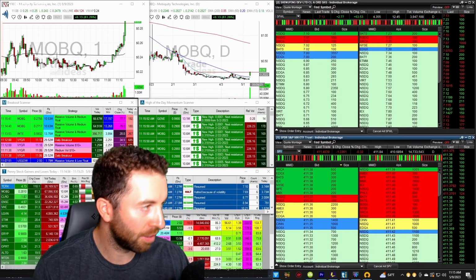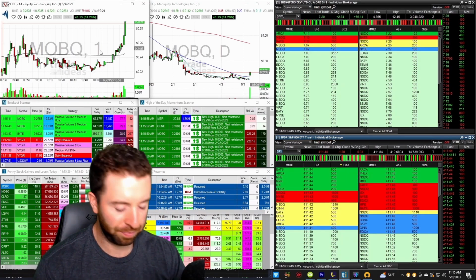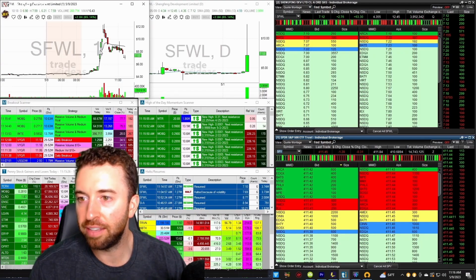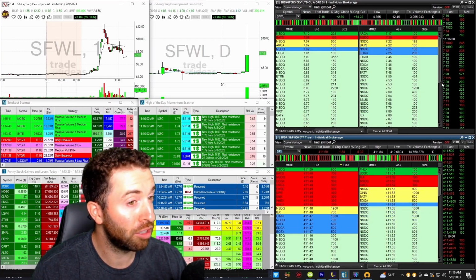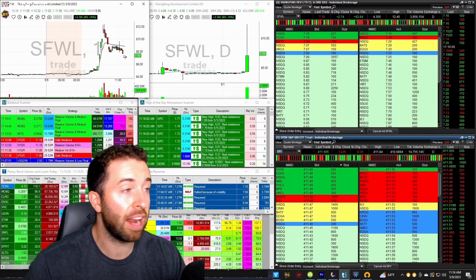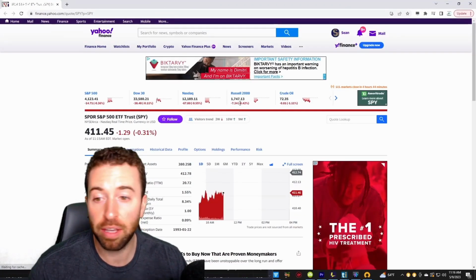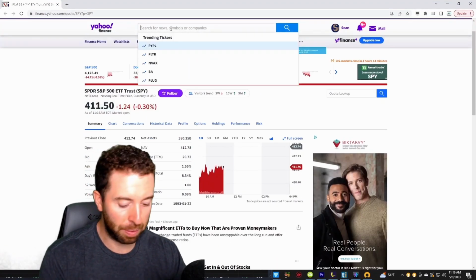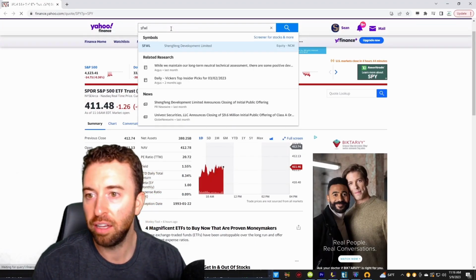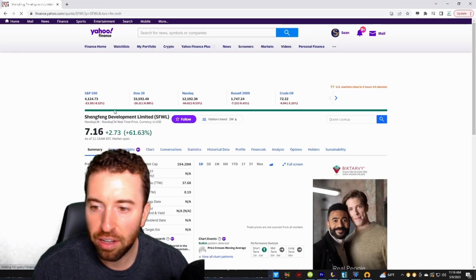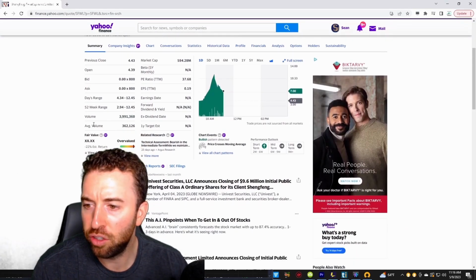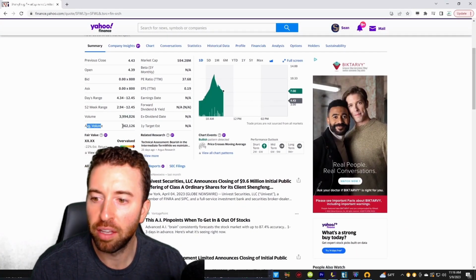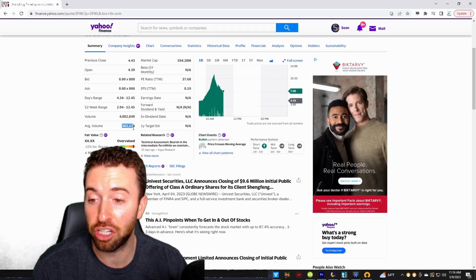So for instance, if you want to say to yourself, okay, SFWL, is this considered a very hot play today? Well, I can see that the level 2 is moving very fast. I can already see it had a monster spike, but we can gain even more clarity if I type in SFWL and say to myself, on a normal day, SFWL usually brings in average volume of 362,000 shares traded.